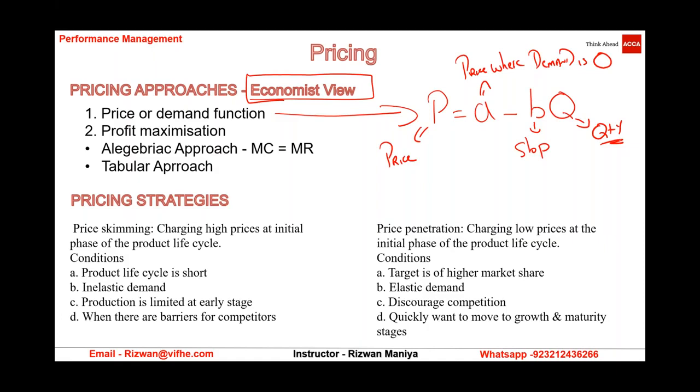Now, there are certain formulas here to find out A and B. So, let's write how to find out slope and how to find out A. I'm just writing the formulas here so that you are able to copy them if you want to and find out the answer accordingly.